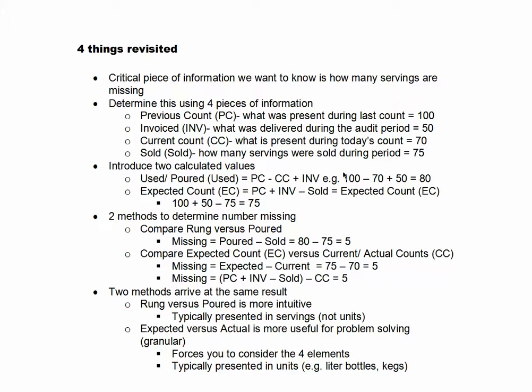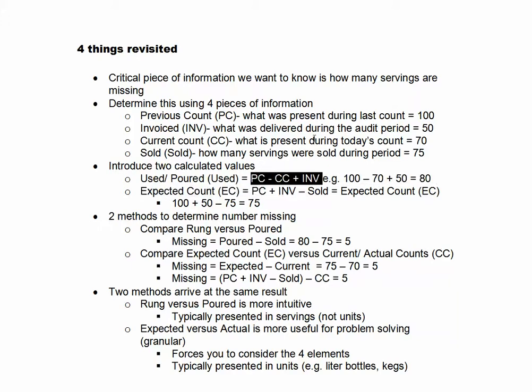It gets a little complicated, but let me explain. From those four things, you can calculate how many were used or poured as follows. In the most simple instance, if we started with 100 and ended up with 25, then obviously we would have used 75. But in this case, we have the additional complication that we had some delivered during the period.